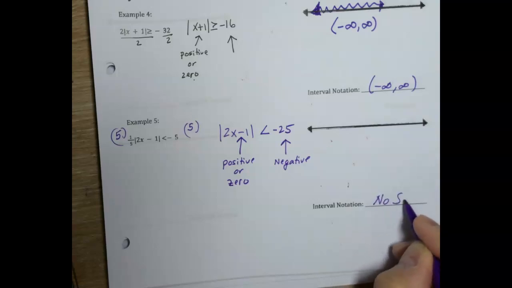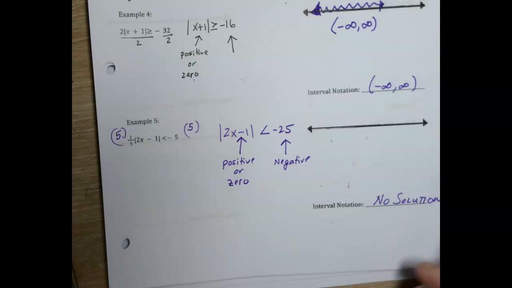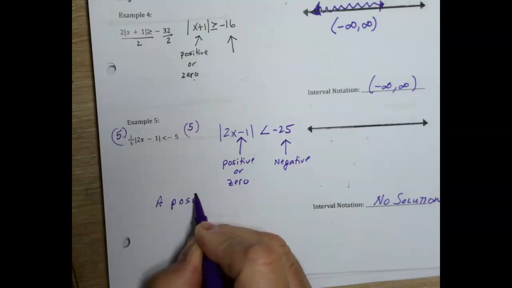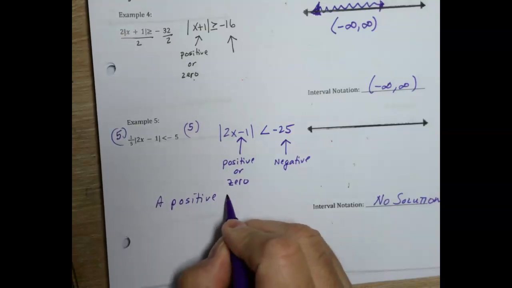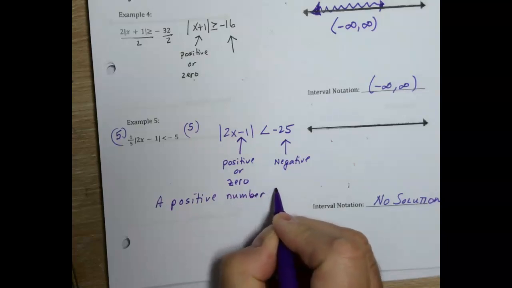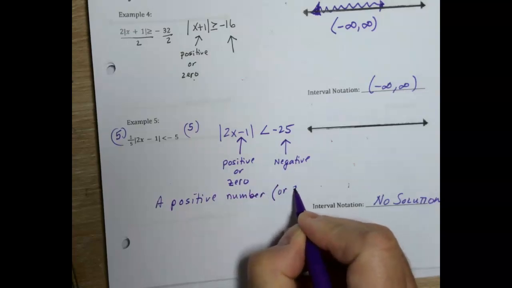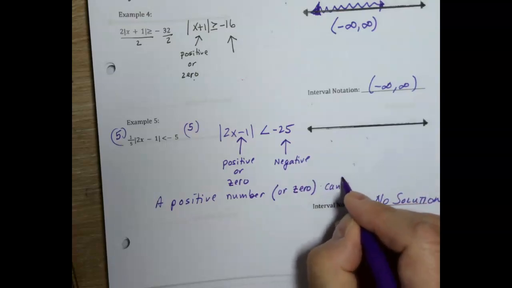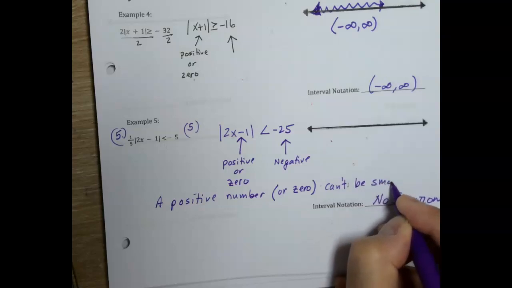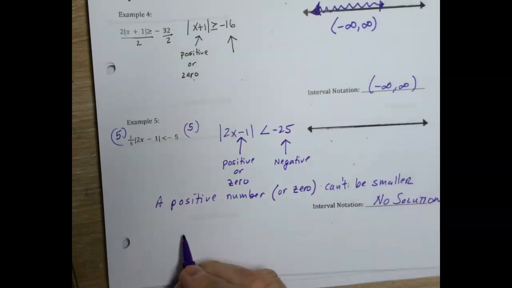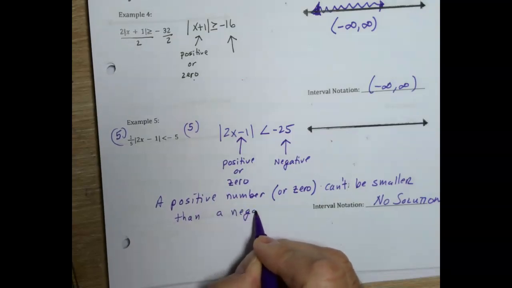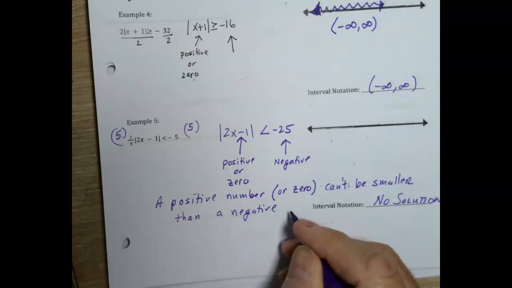No solution. What did I say? A positive can't be smaller than a negative. No solution.